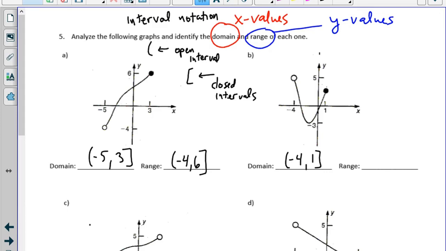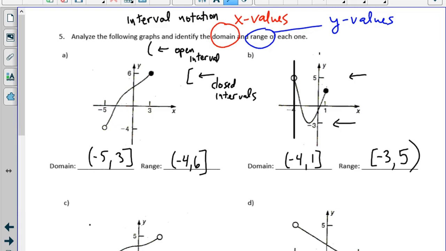The range is, notice it goes all the way down to -3 and goes up to 5. -3 is included in the range. 5 is not included in the range. One way that you can do that, imagine that you are just scanning.